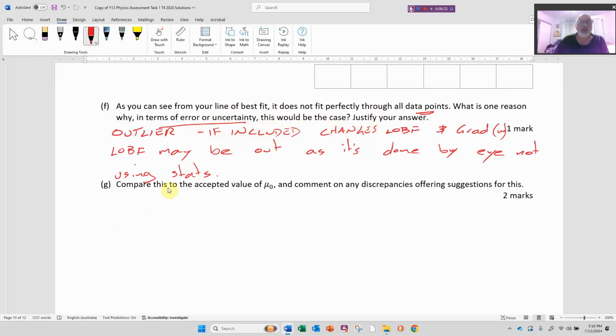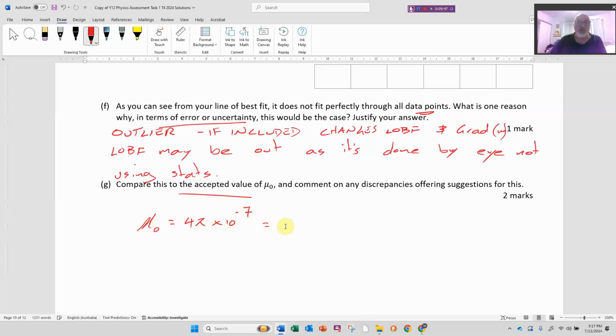I'm comfortable with that. Compare this to the accepted value of mu naught. Now, on your table for mu naught, I can't remember what the value for mu naught is. So the value for mu naught from your data sheets is 4 pi by 10 to the negative 7, which looks a little bit deceptive.